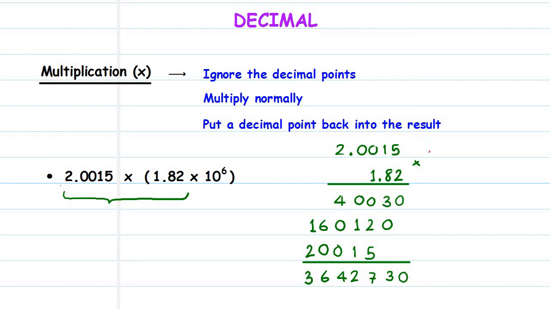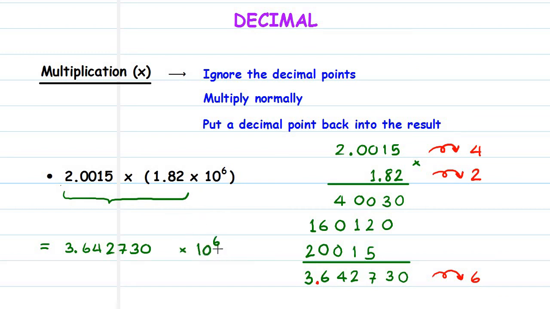And since this one has 4 digits in the decimal part, and this one has 2 digits in the decimal part, the answer for this part must have 6 digits in the decimal part, and it will be 3.642730. So we will write it down over here. 3.642730, and of course times 10 to the 6.